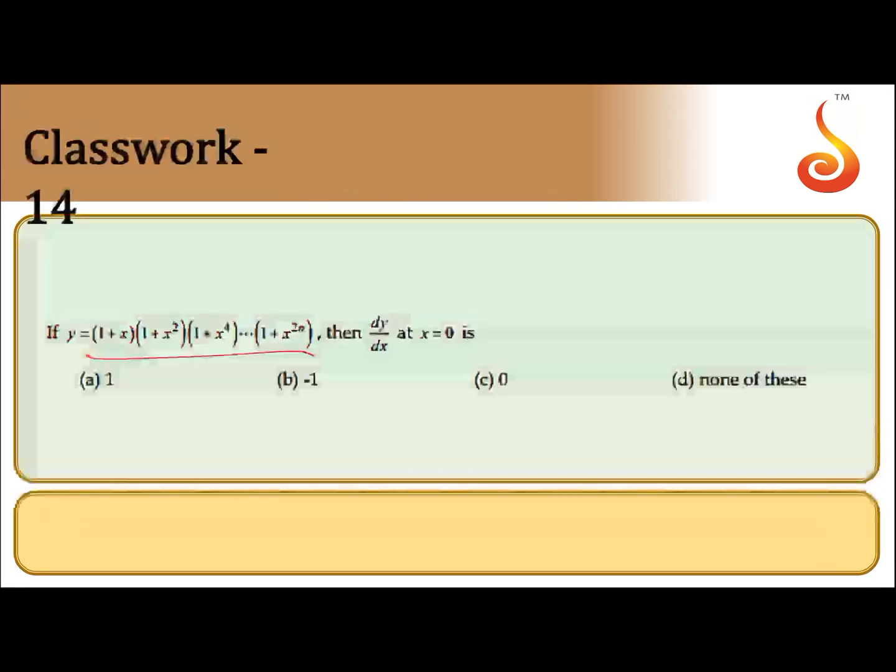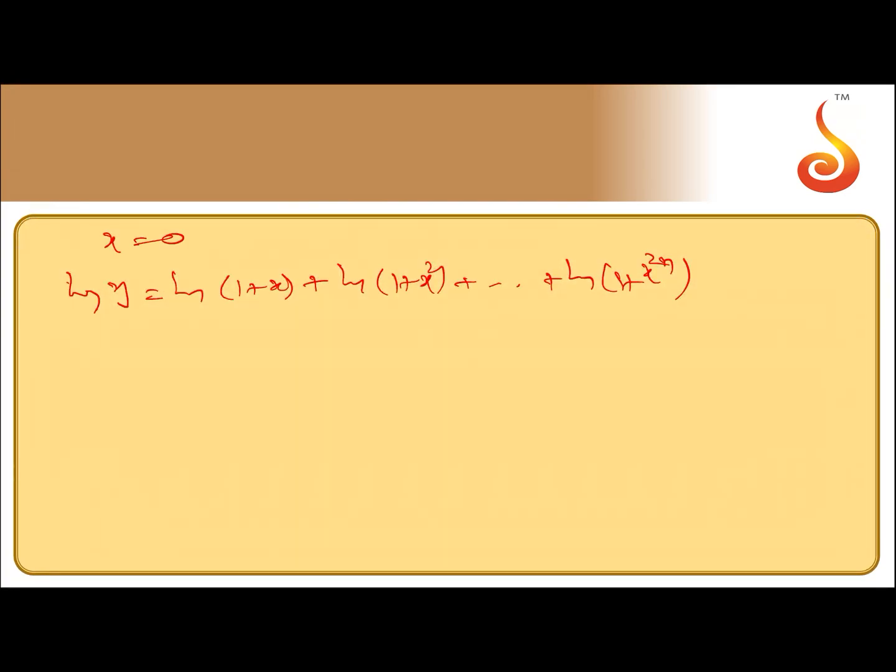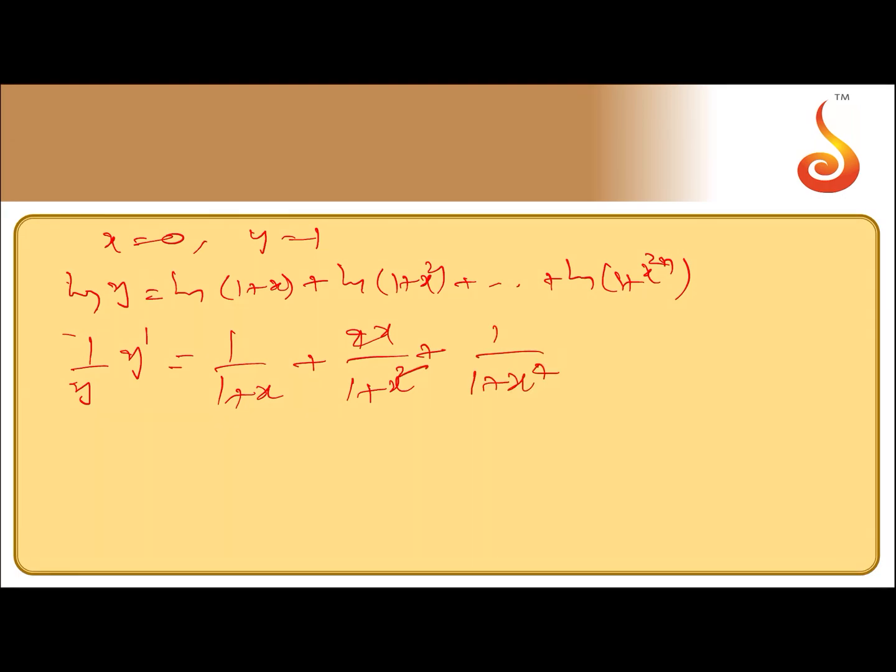Let me calculate the y value itself at x equals 0. When x equals 0, y is equal to how much? 1. Now let's find the derivative on both sides. 1 by y times y dash is equal to 1 by (1 plus x) plus 1 by (1 plus x square) multiplied by 2x plus 1 by (1 plus x power 4) times 4x cube, and so on.